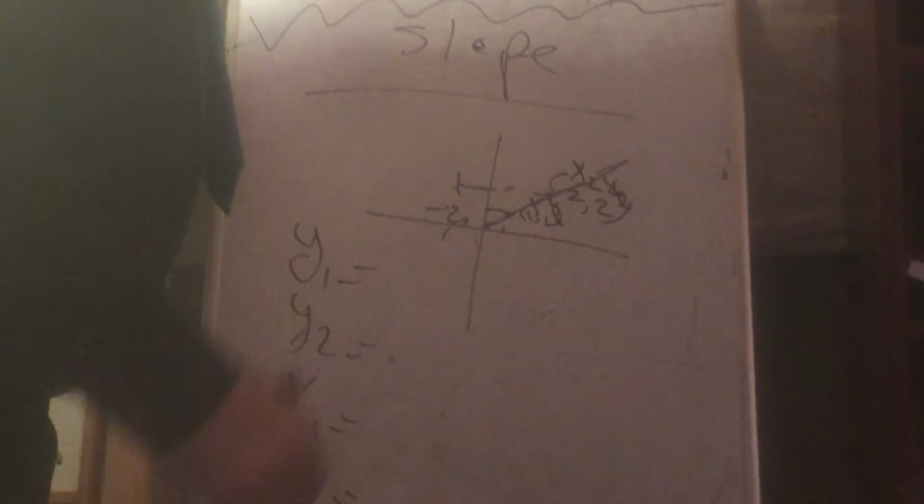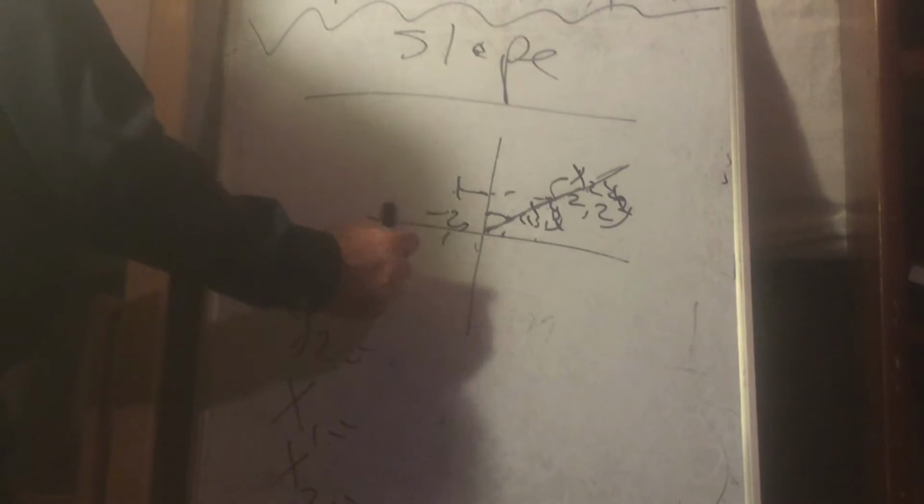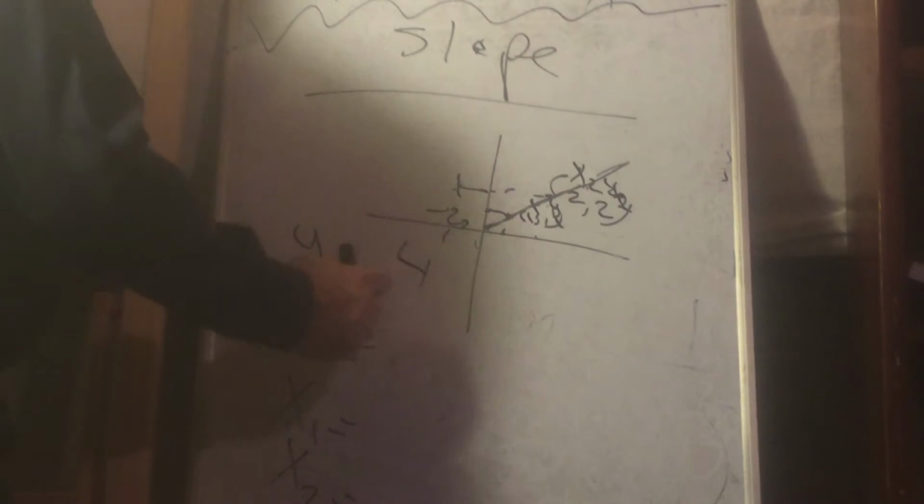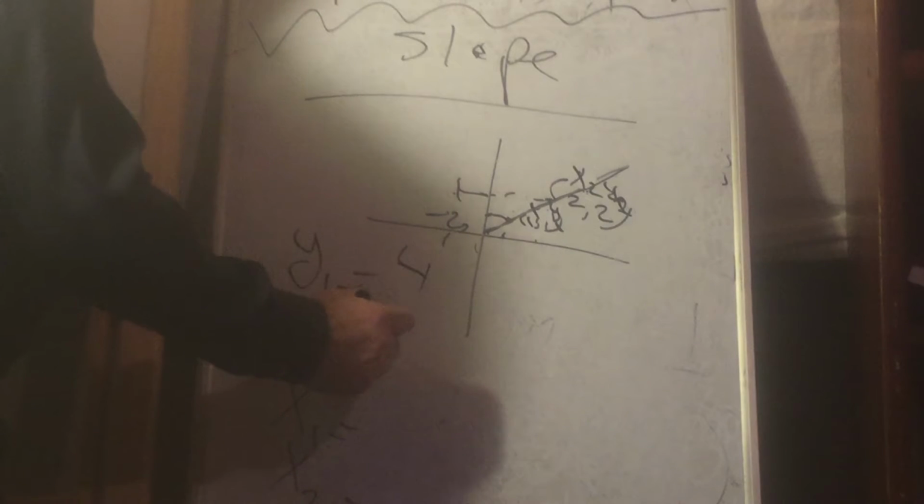Okay, let's change those values again. Another example, another exercise. Only by exercise you learn. Okay, what if we have y1 is 4 and y2 is 6? What if we have x1 as 3 and x2 is 4? Okay, again, we plug in.